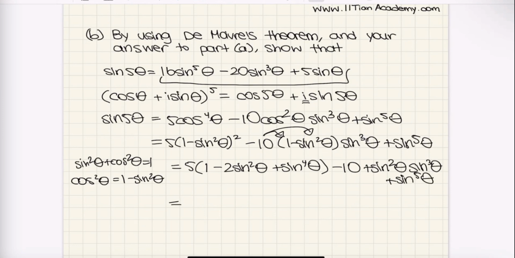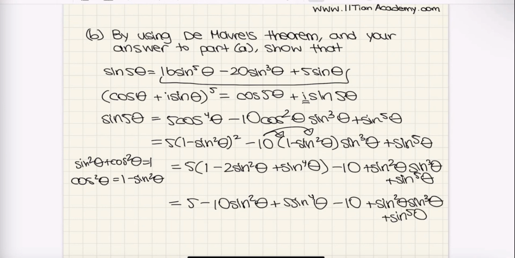Okay, and now we're going to continue with that. So we're going to get 5 minus 10 sine squared theta plus 5 sine to the power of 4 theta, minus 10 plus 10 sine squared theta, sine cubed theta, plus sine to the power of 5 theta.